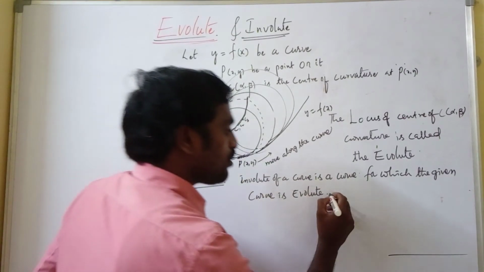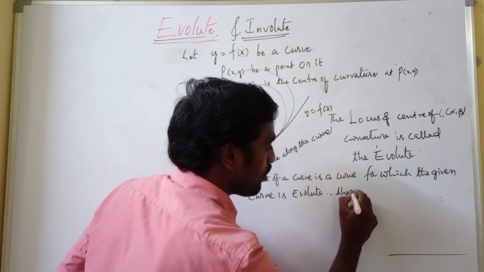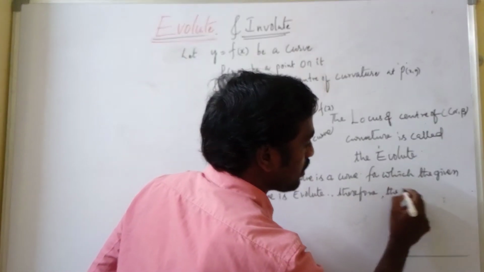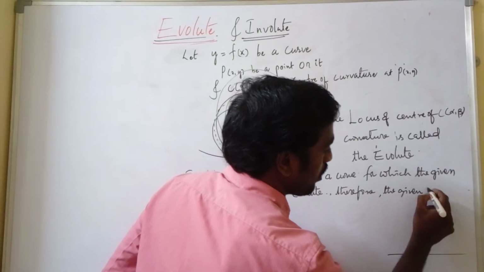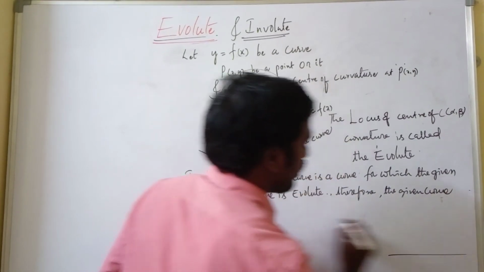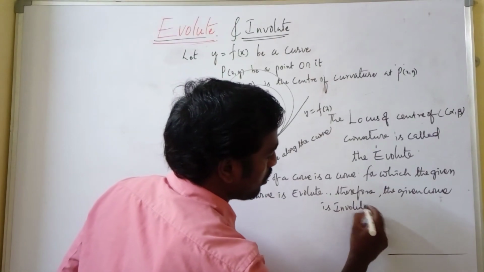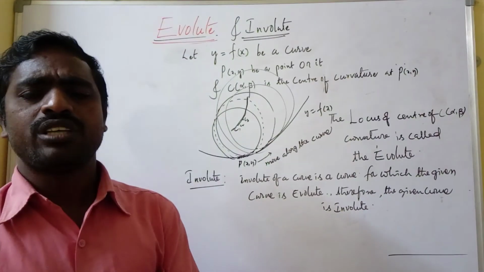Therefore the given curve is the involute. That means the original curve is the involute.